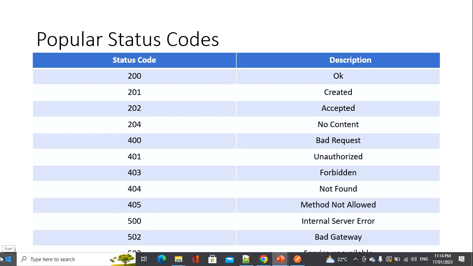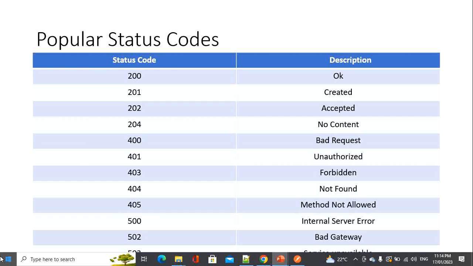Similarly, 405 method not allowed. 405 method not allowed in the sense, for example, you are trying to hit slash employees slash one for a get call, which is there, and you have seen the response, well and good. Now you are trying to change that HTTP method from get to delete.